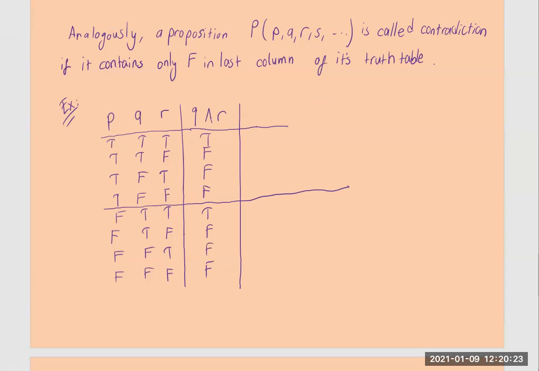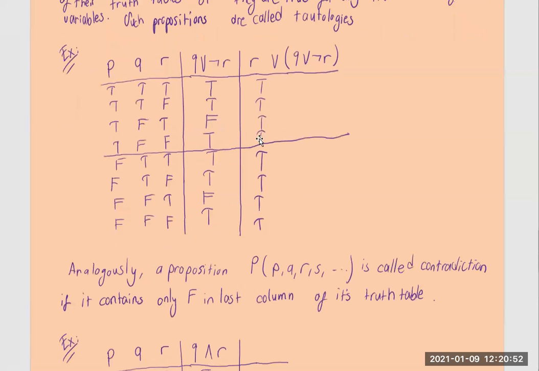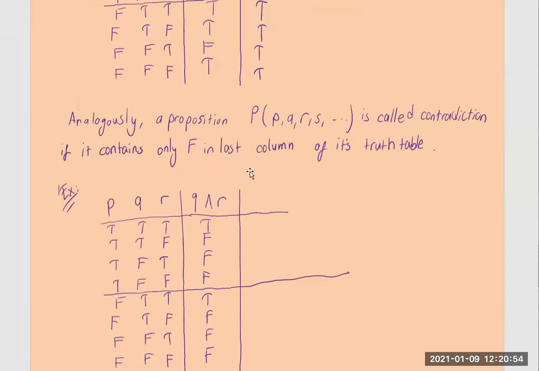Q, and here is the truth, and truth, make it reverse. Actually we are looking to change the last column of that truth table to false. The first one was a tautology, all true, and that one is a contradiction.